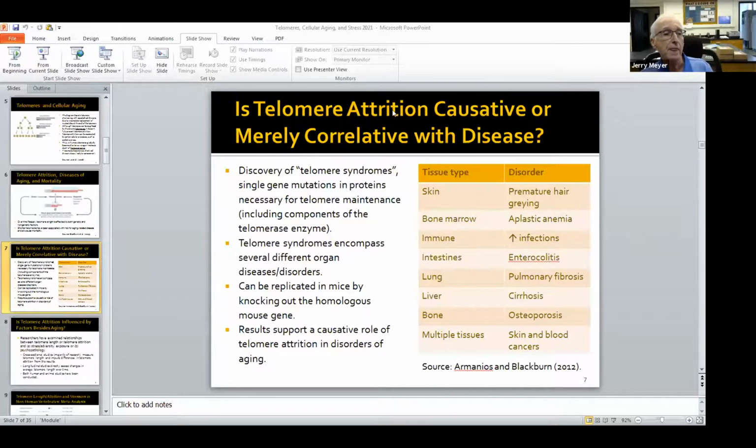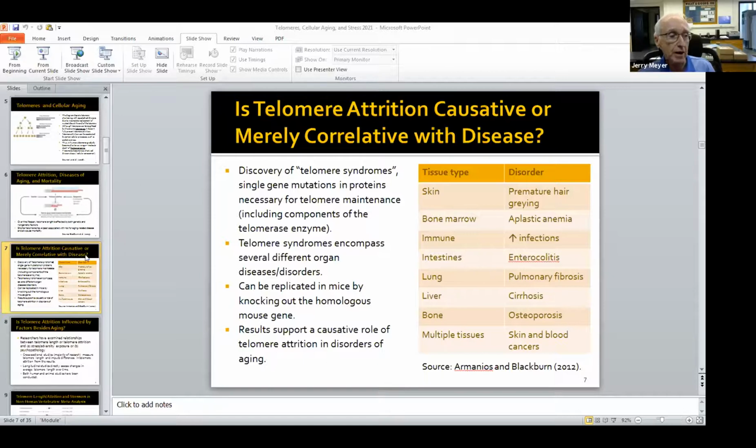So we can ask, is the shortening of telomeres simply correlative with disease, or is there evidence that telomere attrition could actually be causative, could actually be a causal factor in disease? And evidence for a causative role comes from the discovery of telomere syndromes. These syndromes are single gene mutations in the proteins that are necessary for telomere maintenance, including components of the telomerase enzyme.